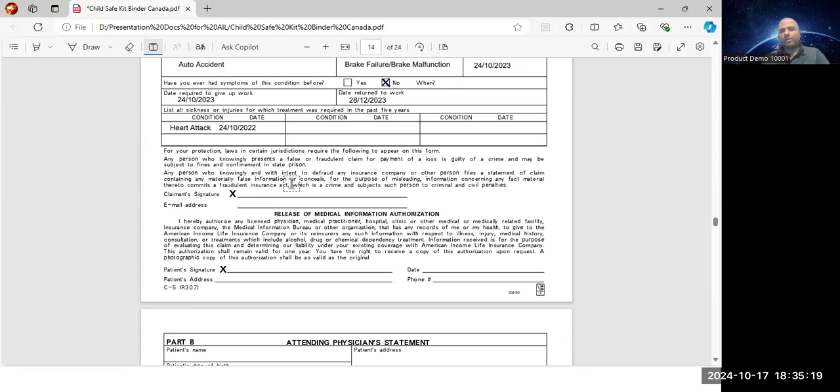Any person who knowingly and with intent to defraud any insurance company or other person files a statement of claim containing any materially false information, or conceals for the purpose of misleading, information concerning any fact material thereto, commits a fraudulent insurance act, which is a crime and subjects such person to criminal and civil penalties.